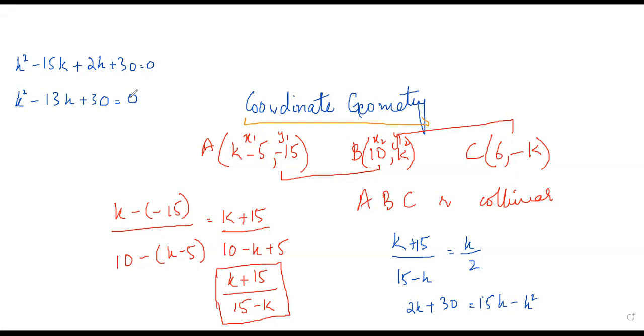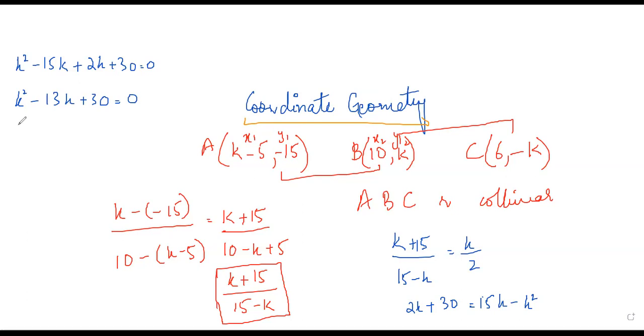And then when we factorize it, it's going to be k minus 10 and k minus 3. And then k is equal to 10 and k is 3.